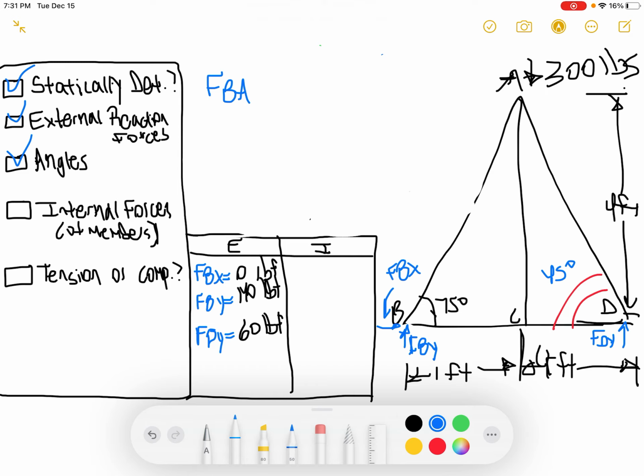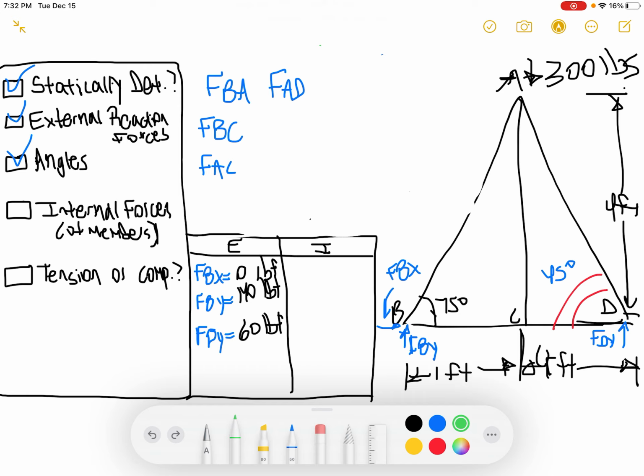There is FBA, that is this. There is FBC, that is this. There is FAC, ooh, I meant to do blue. FAC, that's this. There is FAD. F just means force of, and it's called AD because of the joints that there are. That's this.